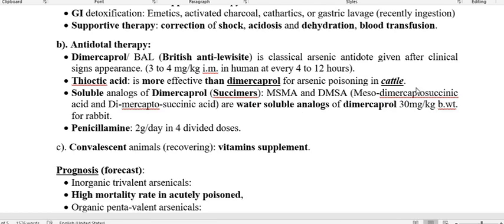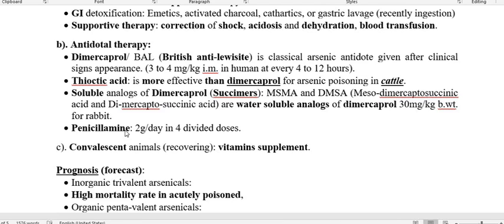But in case of cattle therapy, in place of dimercaprol, it is better to pick thioctic acid, because thioctic acid or lipoic acid possesses the sulfhydryl group, and therefore the arsenic is going to bind and should be removed from the body of the poisoned animal.